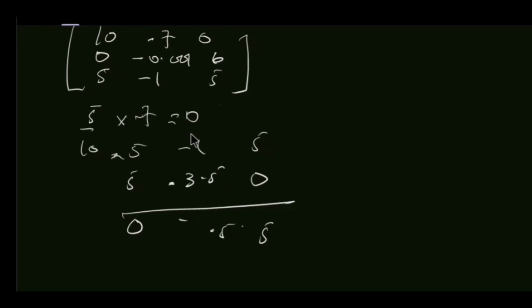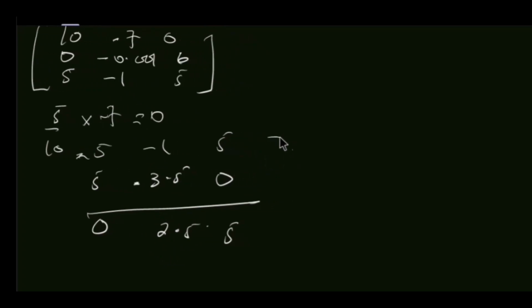So I get 2.5, which is positive. My new matrix becomes 10, negative 7, 0; 0, negative 0.001, 6; 0, 2.5, 5.